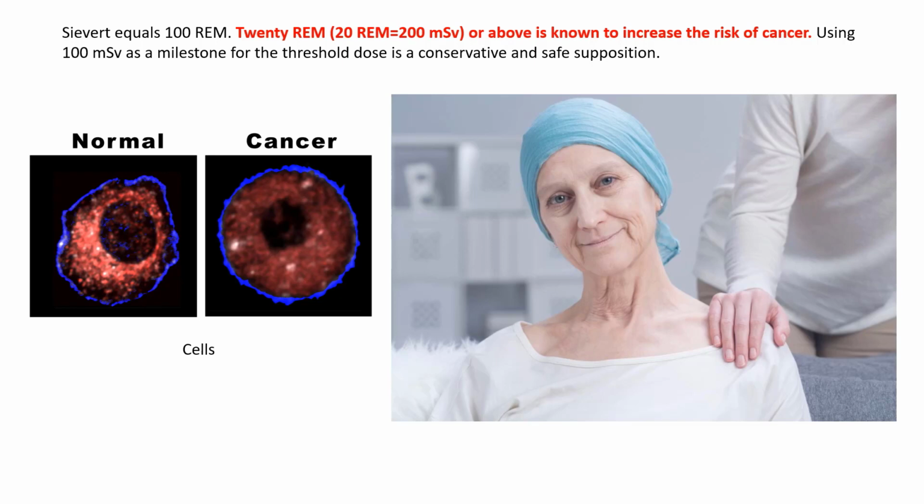If you use 100 millisieverts as a milestone, which is half the threshold dose at which we assume cancer probability could begin, we still end up with more radiation than you would be occupationally exposed to. What am I talking about? Think about it.